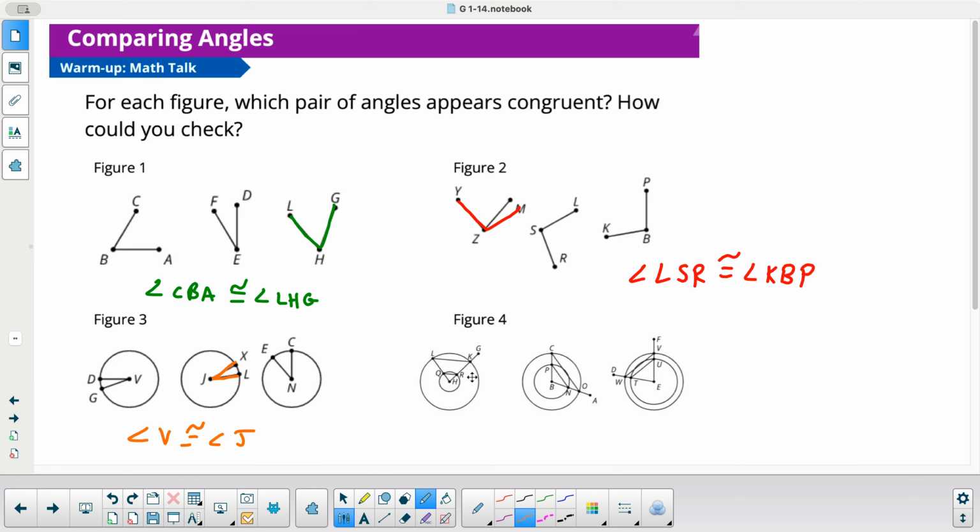And over here, not really sure. Kind of hard to tell. Kind of small. I should have made this a little bit bigger. But at first glance, I would say this angle CBA is pretty big. It looks obtuse. And these other two look acute. So maybe, yeah, let me start over. I missed the line there.